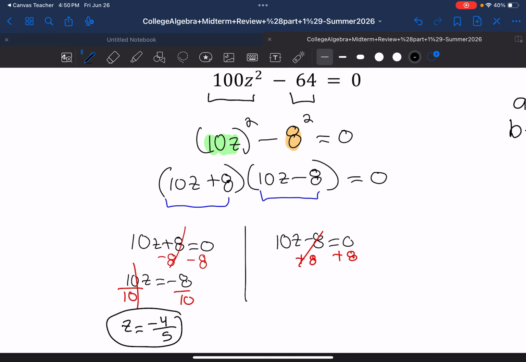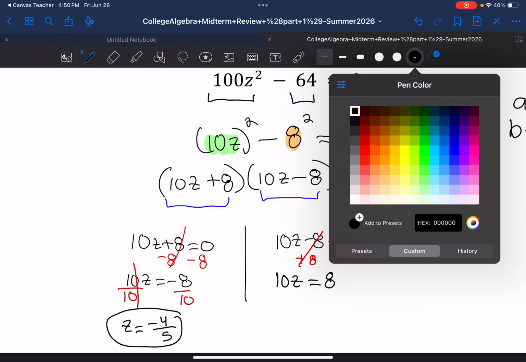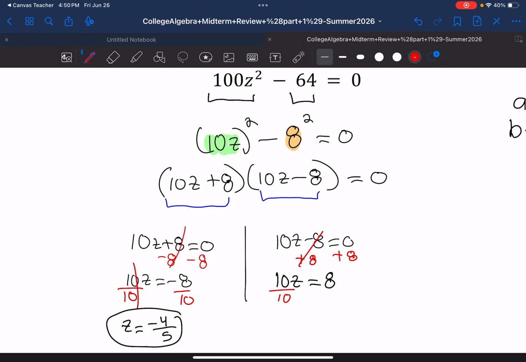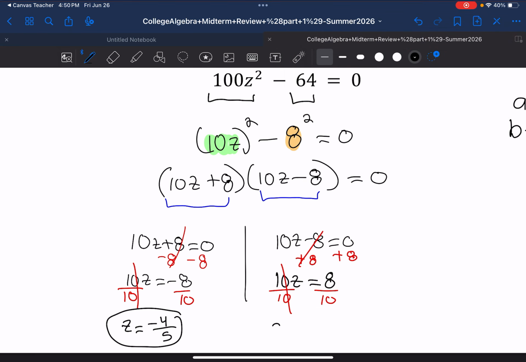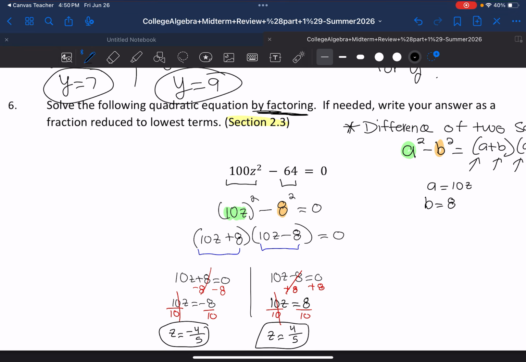Both sides. So that will leave me 10z is equal to 8. And then divide both sides by 10. So this would be equal to positive 4/5. So those are my two answers for that problem.